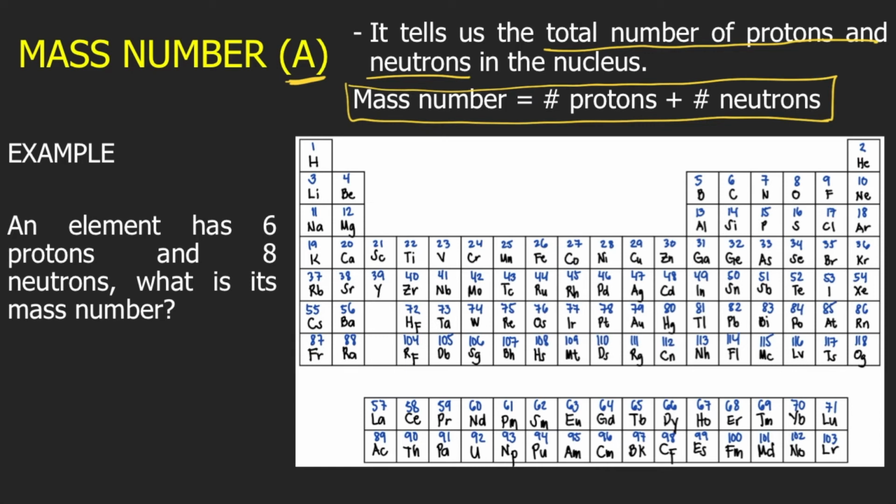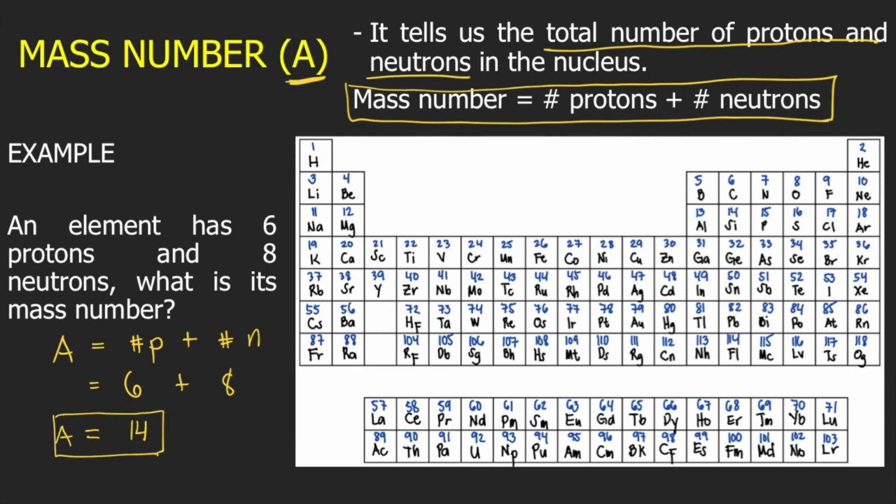For example, an element has 6 protons and 8 neutrons. What is its mass number? Again, mass number A is equal to the number of protons plus the number of neutrons. According to the question, the element has 6 protons plus 8 neutrons. So the mass number is equal to 6 plus 8, which is 14. So the mass number is 14.